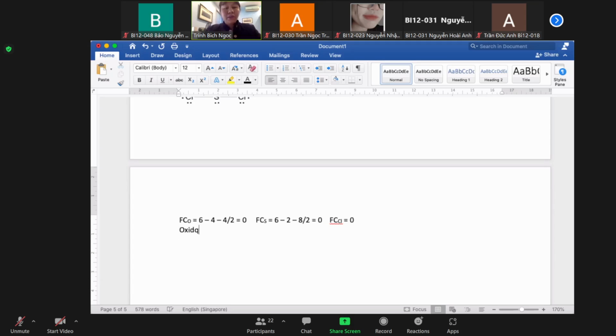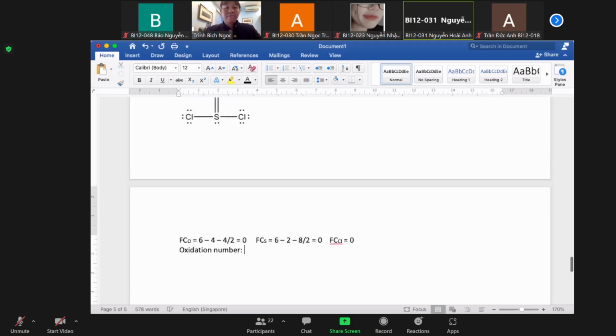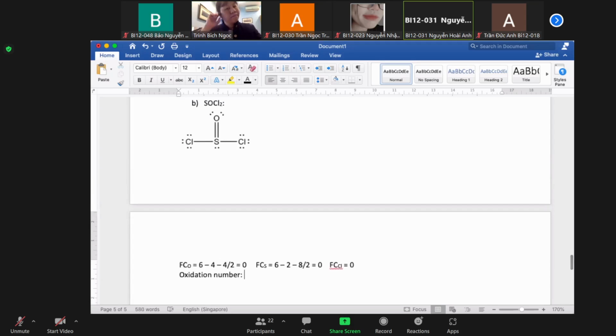For the oxidation number, the oxidation number of oxygen is minus 2. Chlorine is minus 1. And then S, I think it is 4 minus.